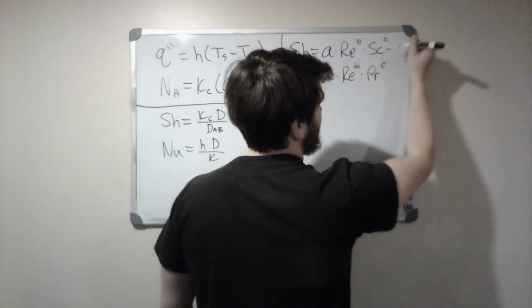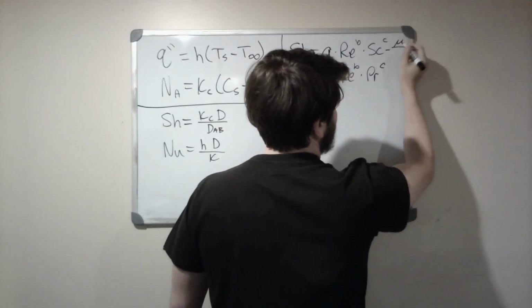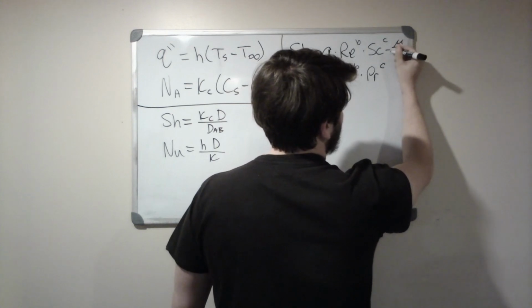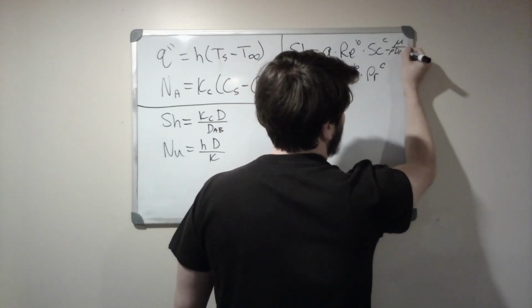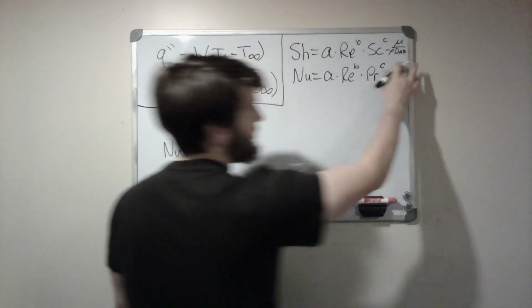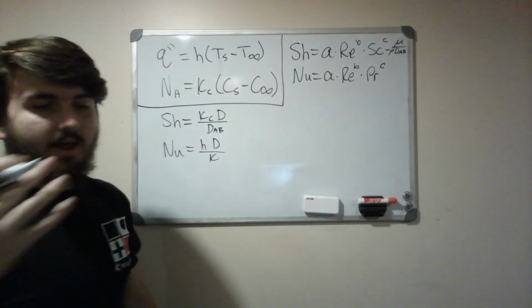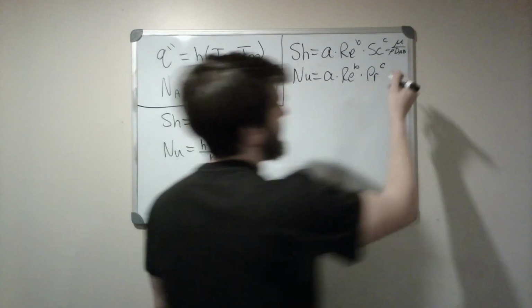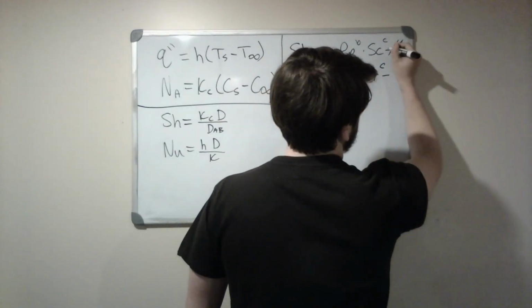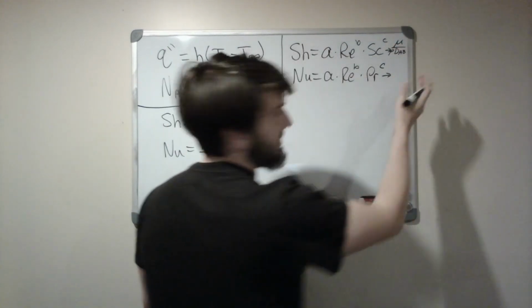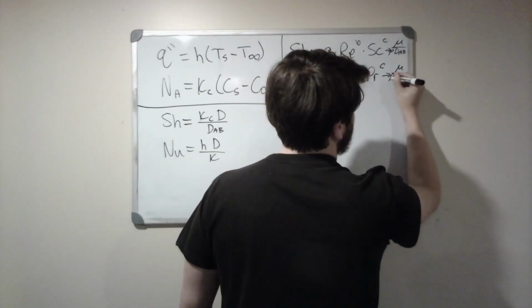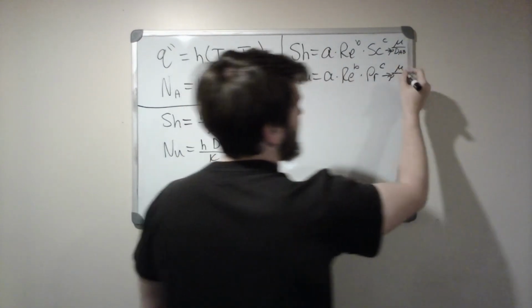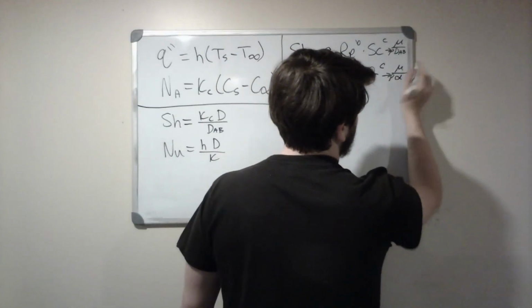So the Schmidt number is that viscosity over the density times that concentration coefficient, and the Prandtl number, this isn't a minus, this is an arrow so that you know we're not subtracting those, is that viscosity times the density, and we're going to be doing that by that heat coefficient there, that heat transfer coefficient.